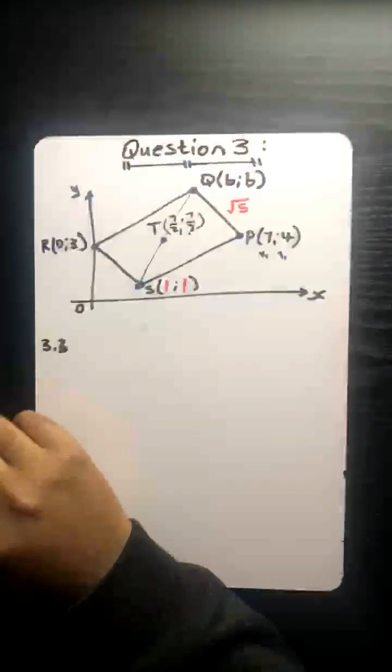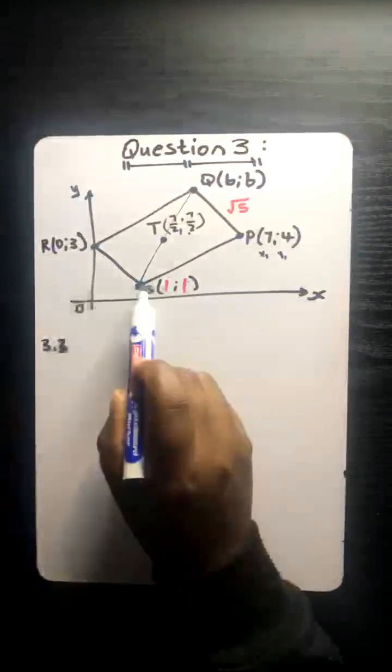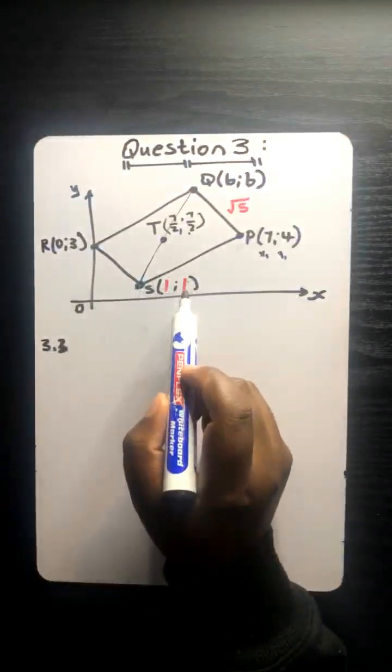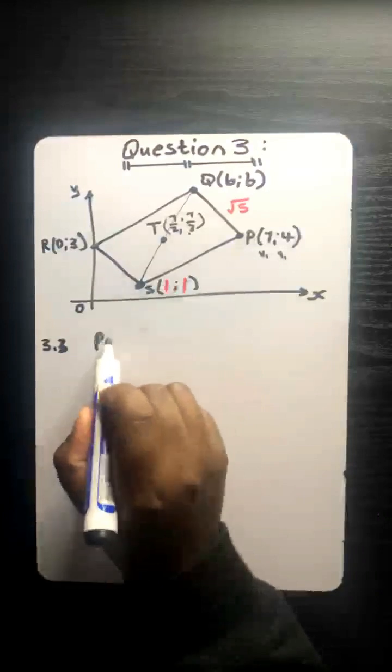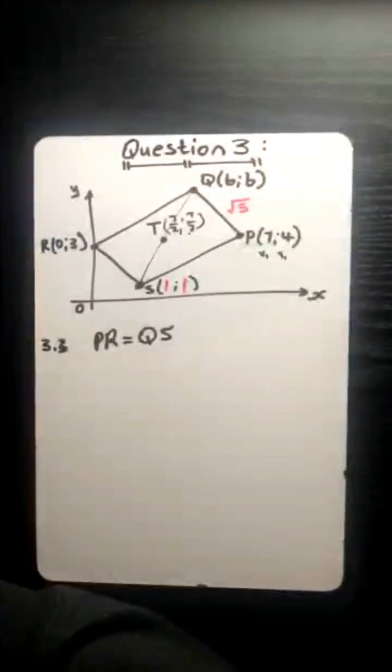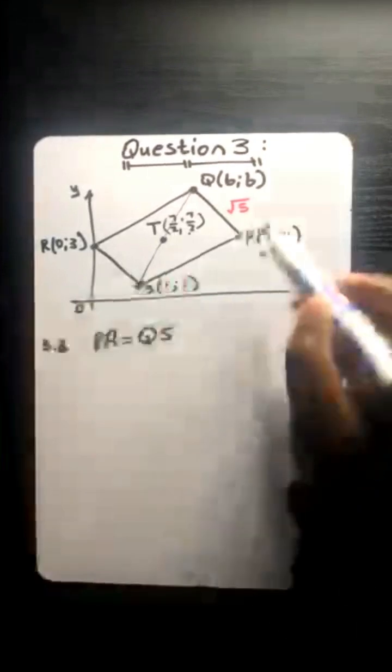Okay, so now let's see. They're saying if the coordinates of S are 1 and 1, show that PR equals QS. This is what they want you to show. PR, where is PR? There is P, there is R. They want you to show that it is equal to QS.